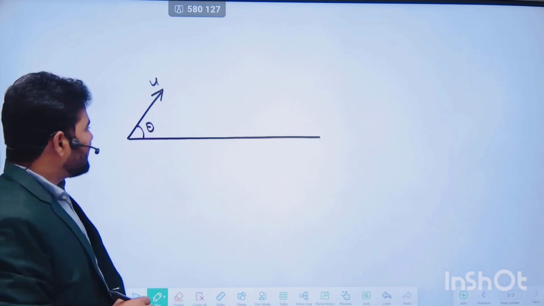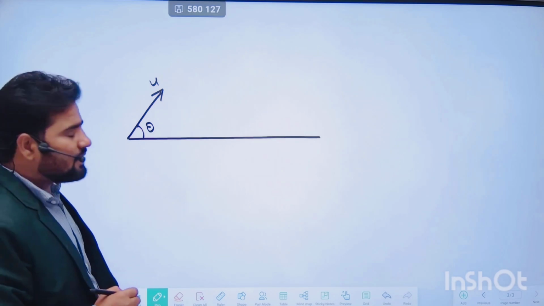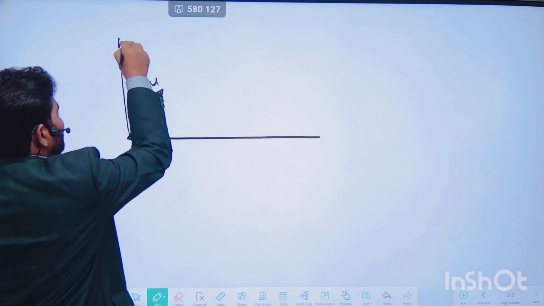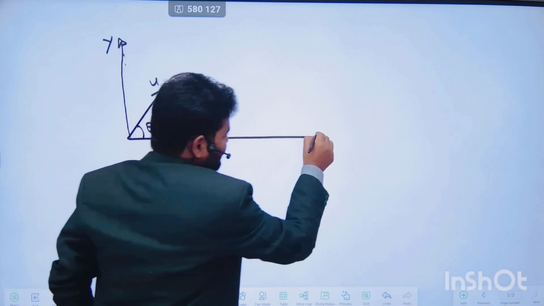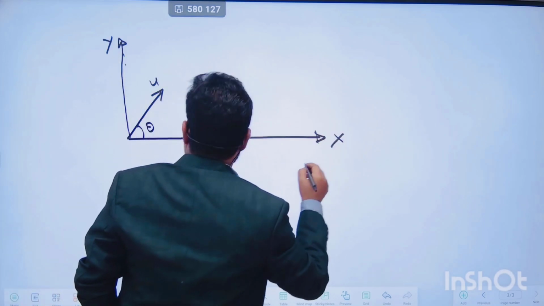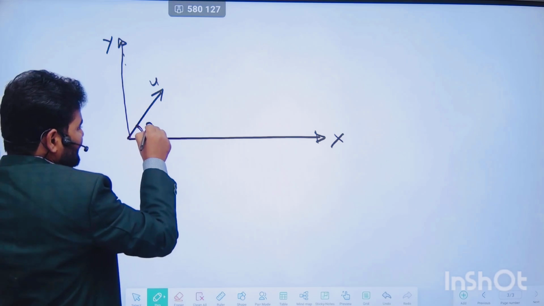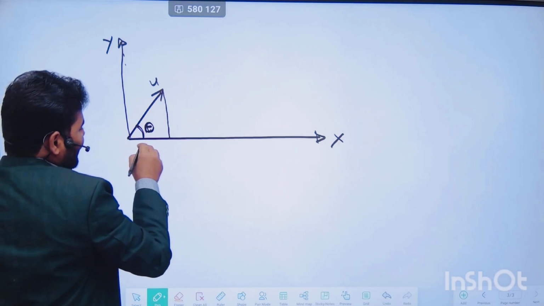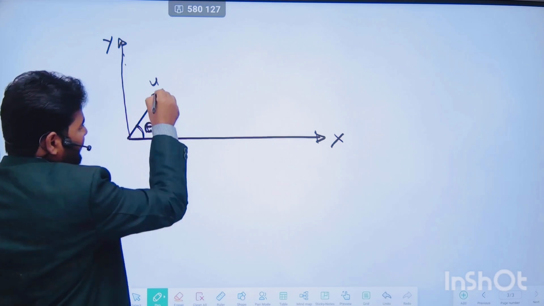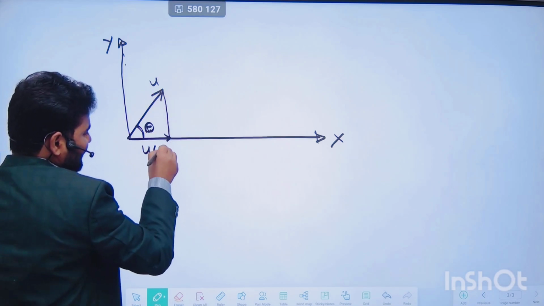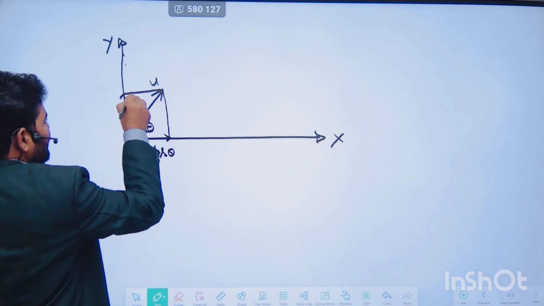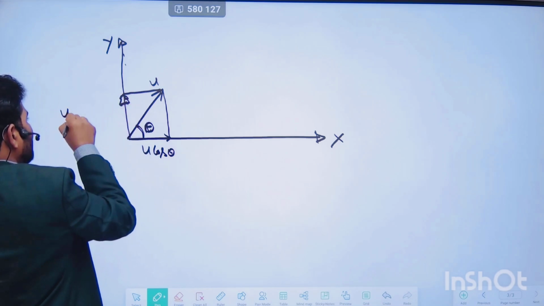Here, we consider the vertical direction as the y-axis and the horizontal line as the x-axis, and the ball is launched at an angle of theta from the horizontal. The horizontal component of initial velocity is u cos theta, and the vertical component of initial velocity along the y-axis is u sine theta.